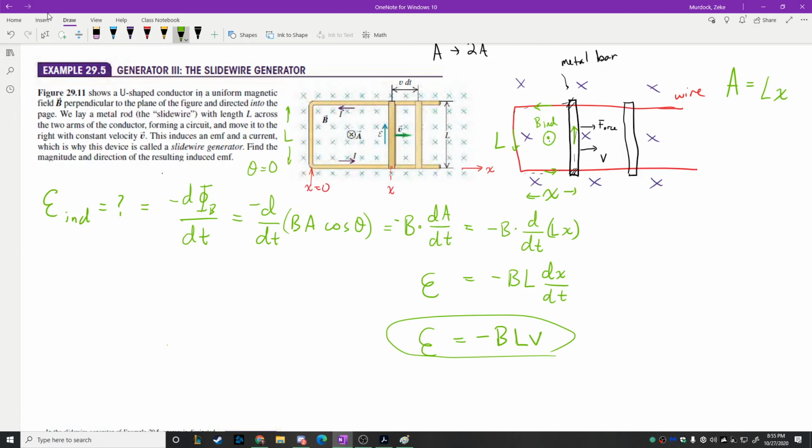Just in terms of the equation, I think it makes a lot more sense to just write it as this, the absolute value. If the bar were to move in the opposite direction, the current would just change directions. And that's basically the idea. You can literally generate electricity by doing this. You wouldn't generate a lot of it, but you could. Does that make sense? Anyone have any questions?